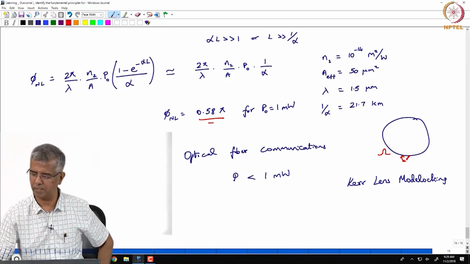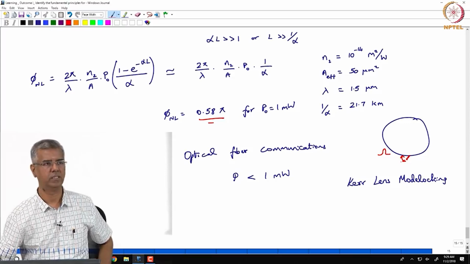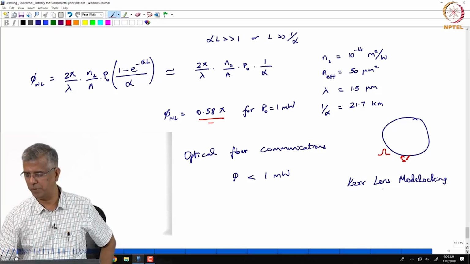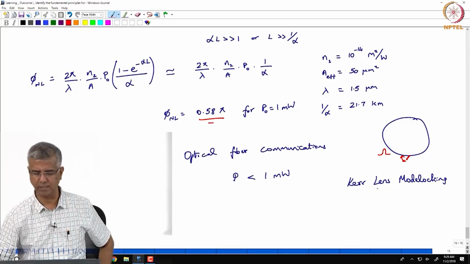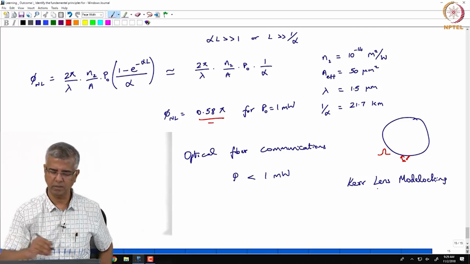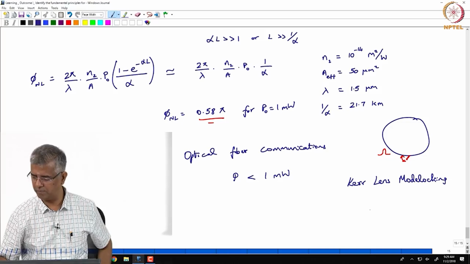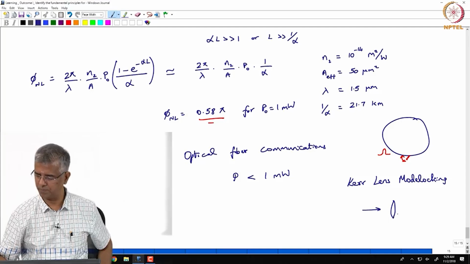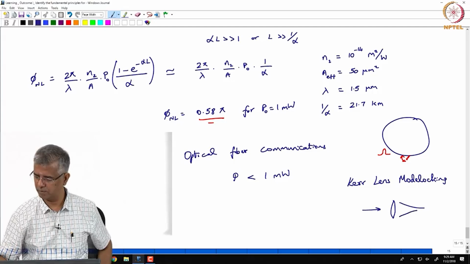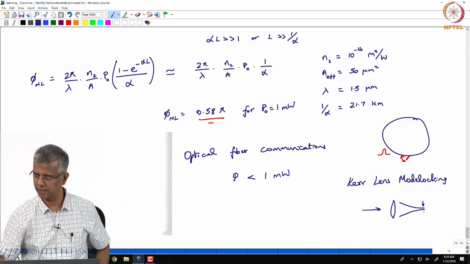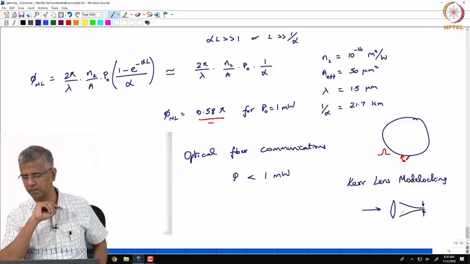That is what we talked about when we were discussing mode locking. So you need a mechanism that can open and close at the cavity round trip frequency, and that mechanism could be this Kerr lens. So what do we mean by the Kerr lens? Normally, let us say you have a light wave coming in, going through a lens, and focusing at a certain location.